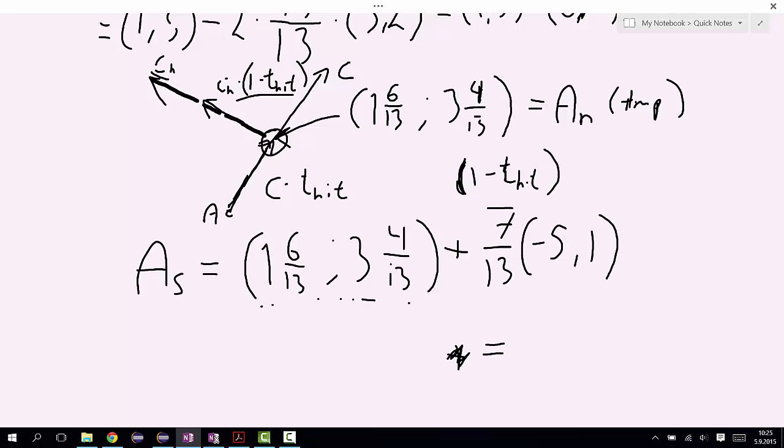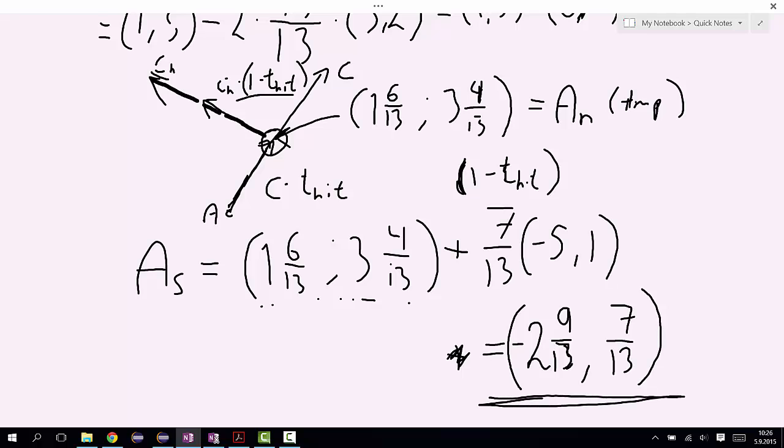So we have 35 by 13, which is, 13 would give us 39, so it's minus 2, it's 26, so there's 9 off of that, minus 2 and 9/13, and 7 by 13.